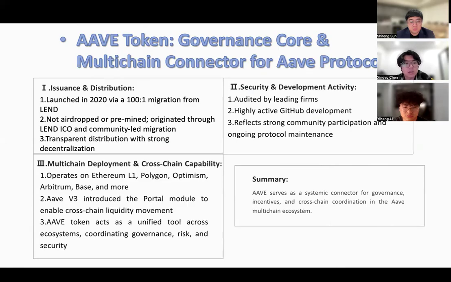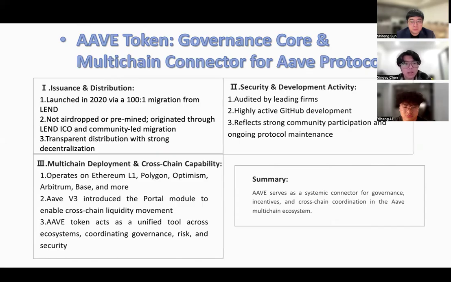On the technical side, Aave's code has gone through multiple third-party audits by firms like CertiK, Trail of Bits, and OpenZeppelin, and its GitHub activity remains among the most active in DeFi. This high level of development and community engagement is crucial for maintaining a healthy governance-driven ecosystem.